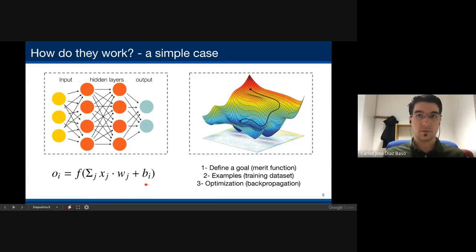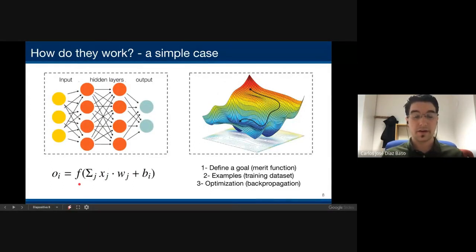Here we see that the inputs are scaled by a factor usually called weight, plus a constant. And to this result, we apply a nonlinear function. This is probably one of the most important parts of a neural network because it is what gives the nonlinearity to the neural network, so we are able to map very complex relations between input and output.